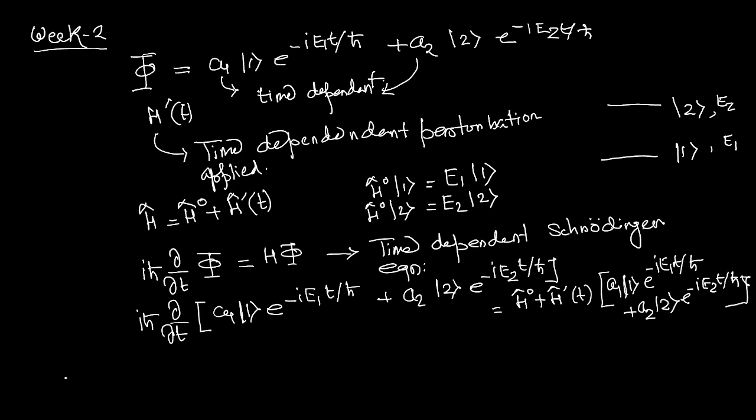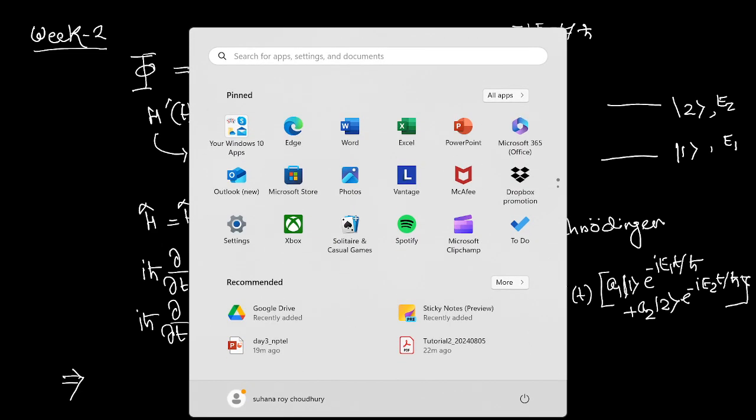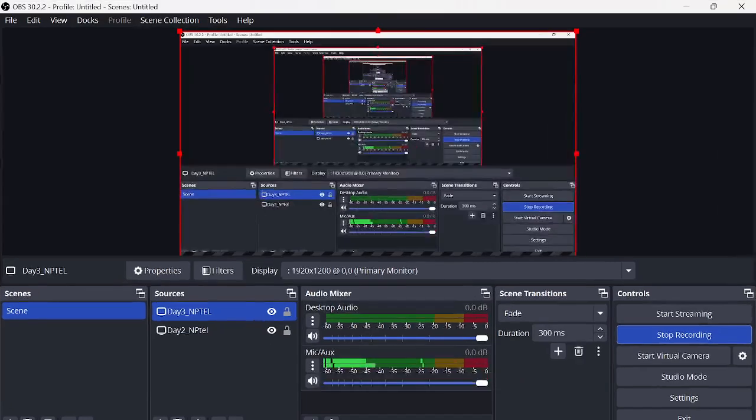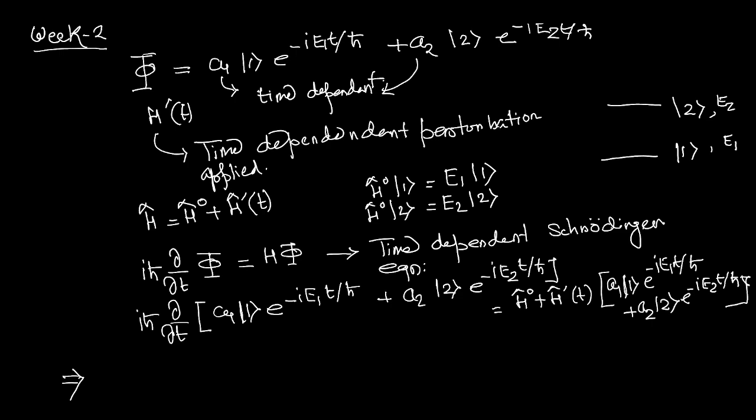Now if we take a time derivative, A1 or A2 is the coefficient of the state. Okay, let's do something else. Suppose a Hamiltonian acting on psi n gives the energy times psi n.